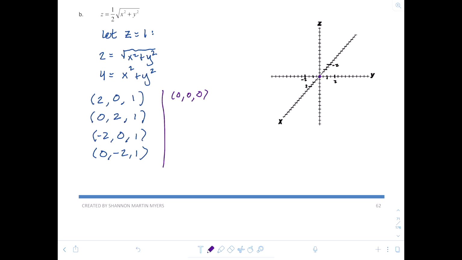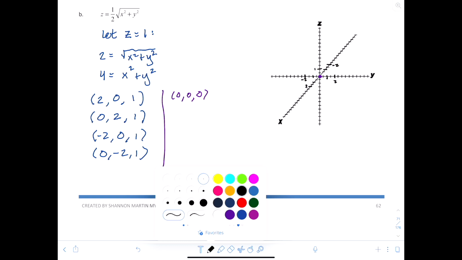So basically what's going to happen is that you're going to have a series of these circles, right? So you'd end up having, if z is 1, right, up here, you're going to have this cross section of a circle.